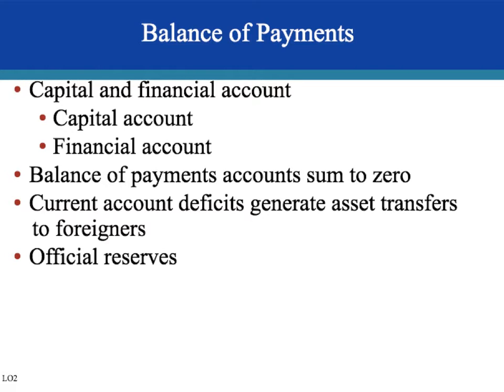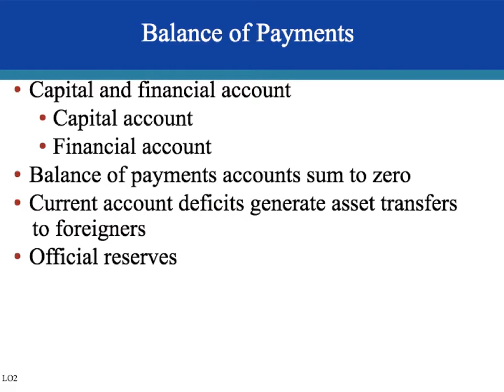So if we import $10,000 worth of Chinese goods, then the current account goes down by 10,000, and since we pay for these Chinese goods in US dollars, and this is an asset, then the financial account goes down by $10,000 as well. So you can look at it as the current account looks at the exchange of goods and services, and the capital and financial account looks at the exchange of money.